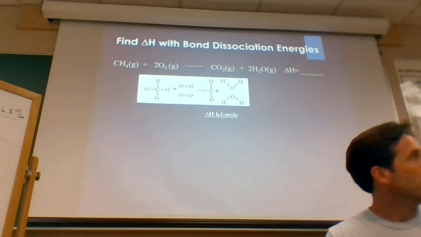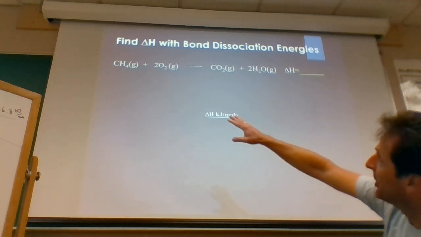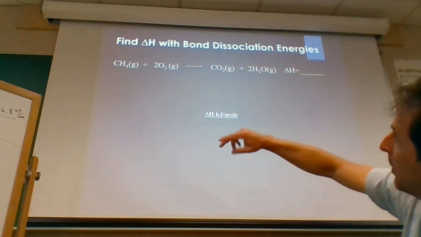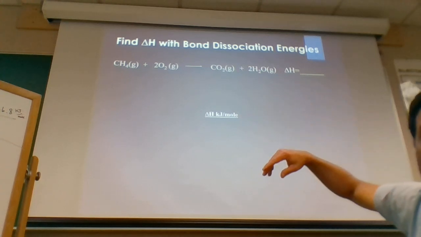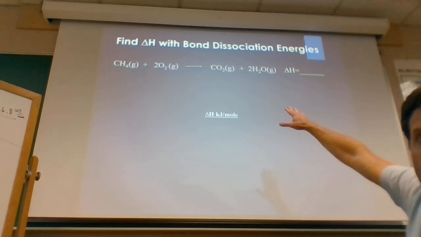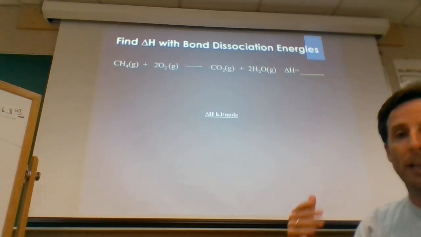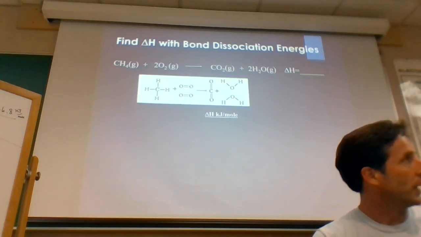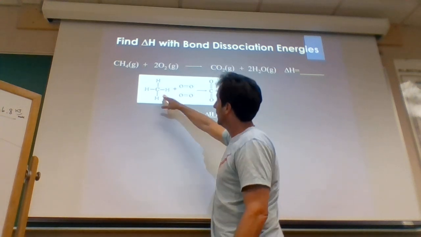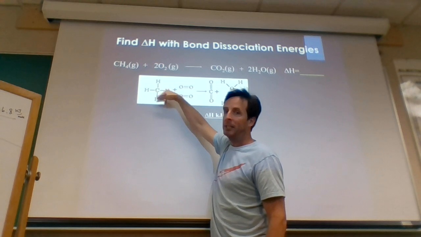So, if I have this reaction, again, the balanced equation is on top. I have a CH4 molecule that reacts with two O2 molecules to form a CO2 and two water molecules. Everything is in the gaseous form. And if I want to find delta H of this reaction, I can find it by looking at their structures. Again, I told you I was going to give you the structures. So the CH4 molecule has a C-H bond between carbon and each of the hydrogens.